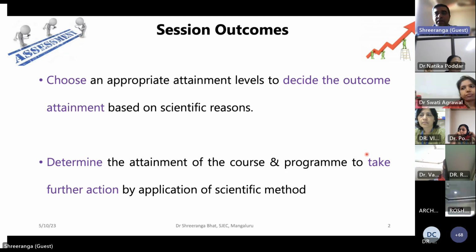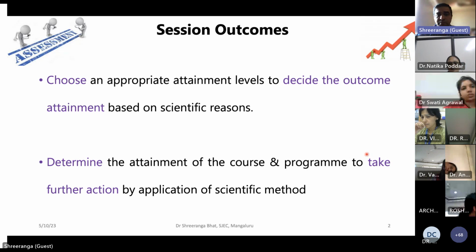For example, in your case it is not so severe because the POs are not defined from the perspective of Bloom's level. If you go to the engineering college POs, just look at the first 4 POs. They are the upper levels of Bloom's taxonomy: apply, analyze, create, and develop. Nowhere will you find a PO written from the perspective of remember and understand.